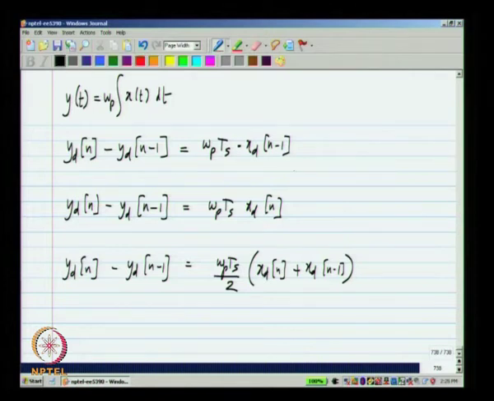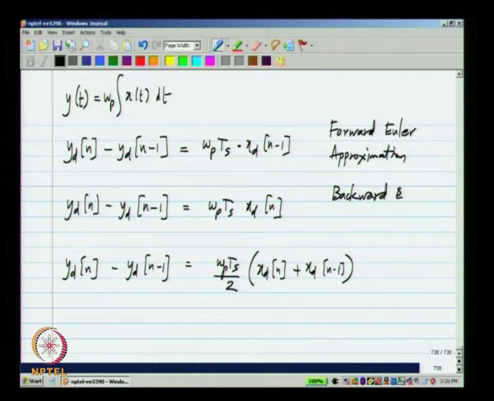Now, it turns out all these are valid approximations. Clearly, this is the most refined and preferred for designing filters, but we can also use these things. And it turns out these are all also used as numerical approximations for integration, and in this case this particular approximation is known as the forward Euler approximation, and this is backward Euler, and this is known as bilinear.